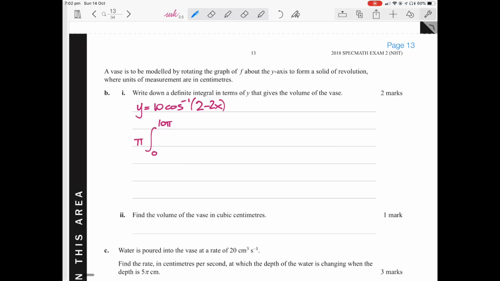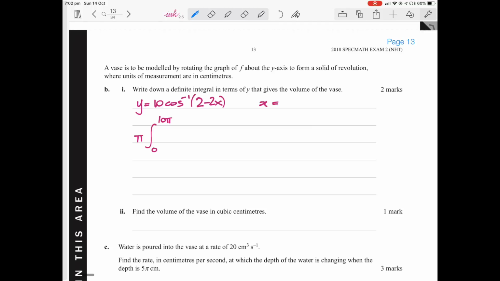Yeah, so we do it in terms of y. So I get x equals y on 10, cos of y on 10, minus 2, and then divided by -2, so I get -1/2 cos y on 10 plus 1.